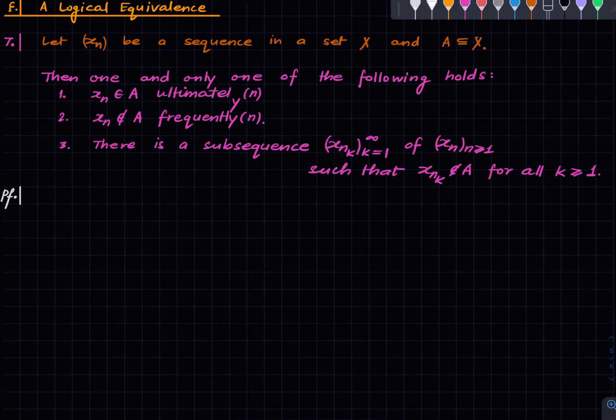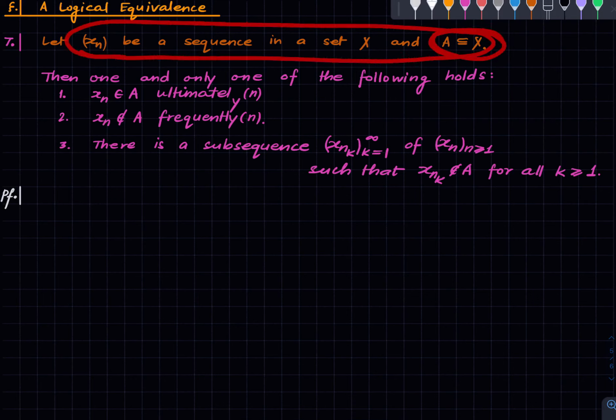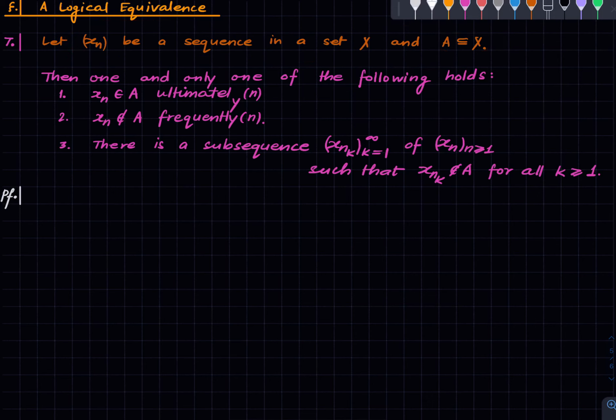So you have some sequence in a set X, and we are given a subset A of X. Then one and only one of the following holds. The first one is that xn lies in A ultimately. Either this holds, or, sorry, I have messed up. So I don't mean to write the last one.